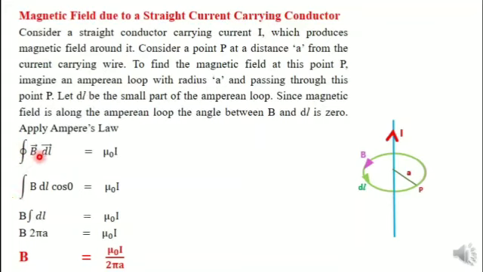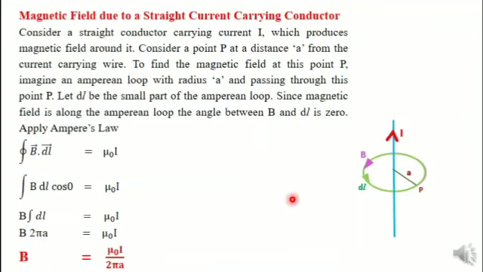And since the angle between B and dl is 0, the expression becomes integral B dl cos 0 equals mu 0 I. Since cos 0 equals 1 and B is constant, expression becomes B integral dl equals mu 0 I.